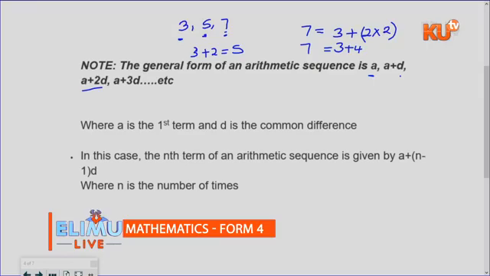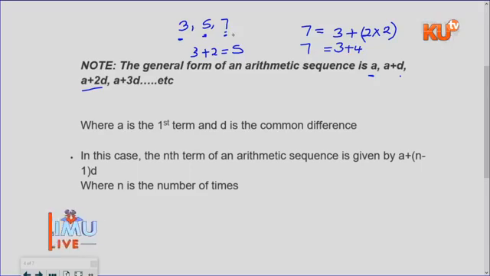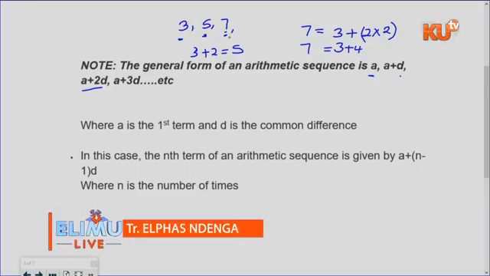Now, you can guess, for example, if I want to obtain the next term, which will be the fourth term here, I will simply say it will be A, which is 3, plus 3 times the common difference, so 3 times the common difference 2.